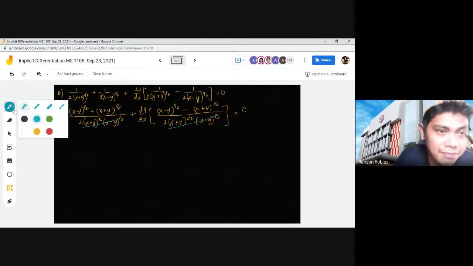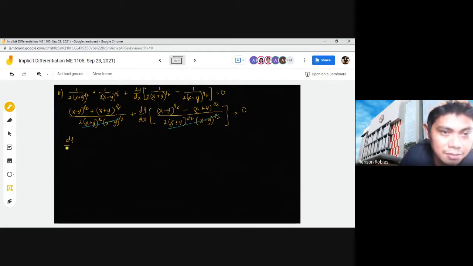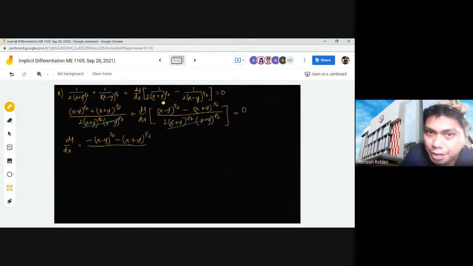And then you now have, you transpose this on the other side. So you have dy dx equals, transpose this on the other side, so you'll have negative x minus y raised to 1/2, and then minus x plus y raised to 1/2, all over this: x minus y raised to 1/2 plus or minus, yeah, it's minus x plus y raised to 1/2.